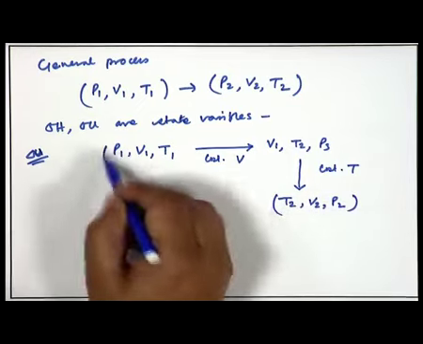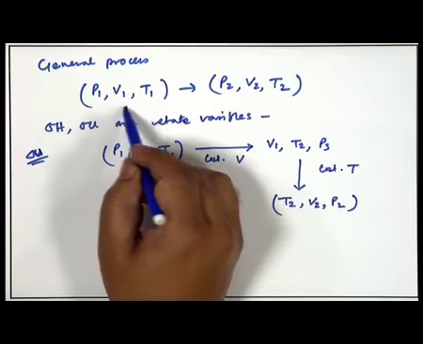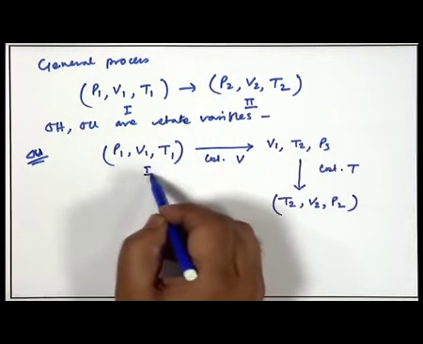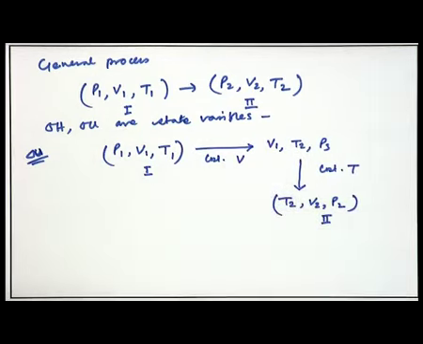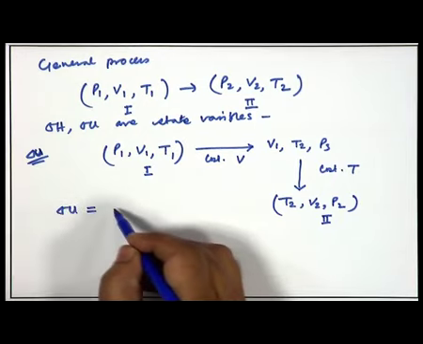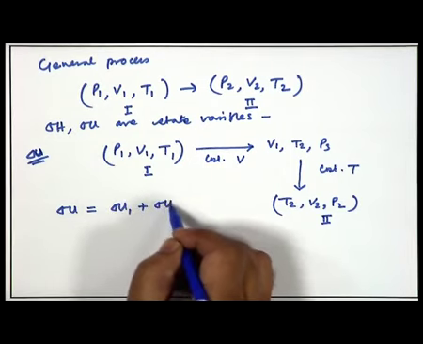So, we are going from state 1 to state 2, but in 2 steps. So, what will be del U then? Del U would be del U in the first step plus del U in the second step.